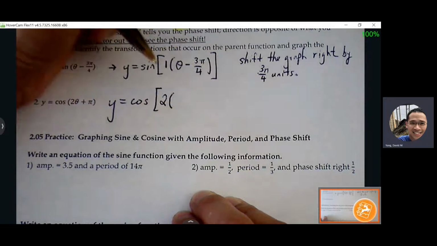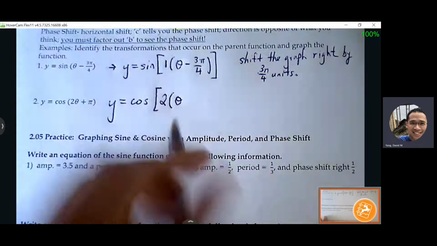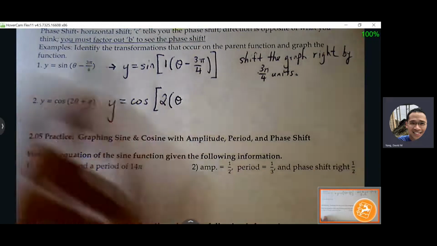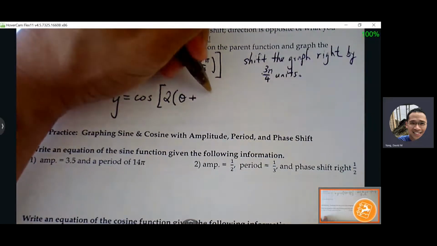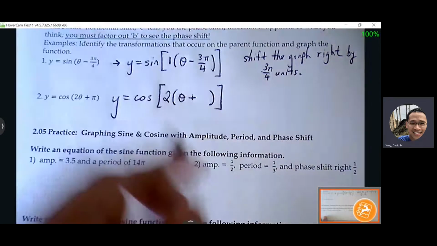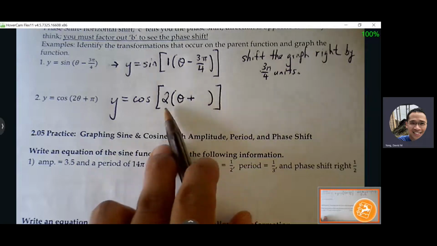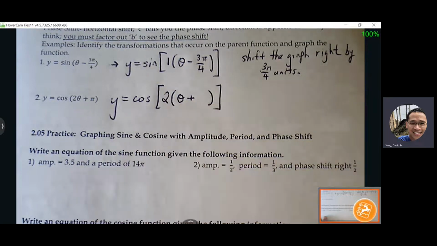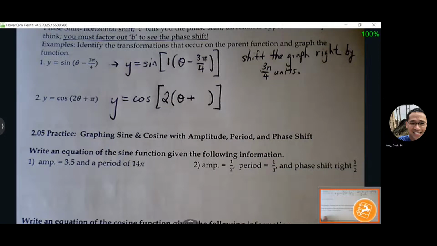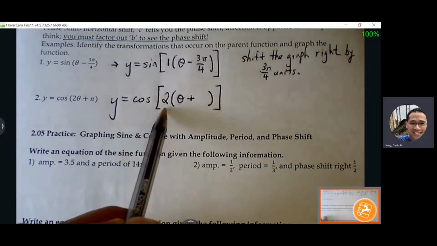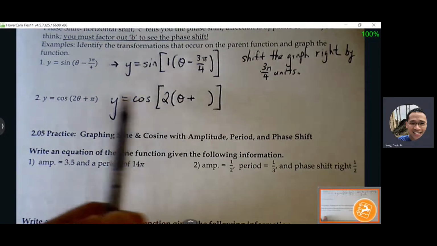I've got to factor a 2 out. I've got to get that theta by itself. But because I factored that out, I've got to think about what needs to go in that space, because that 2 is coming out, so that's going to influence what's going to come here. So the question we're going to ask is, 2 times, let me see, okay, 2 times what will give me pi?